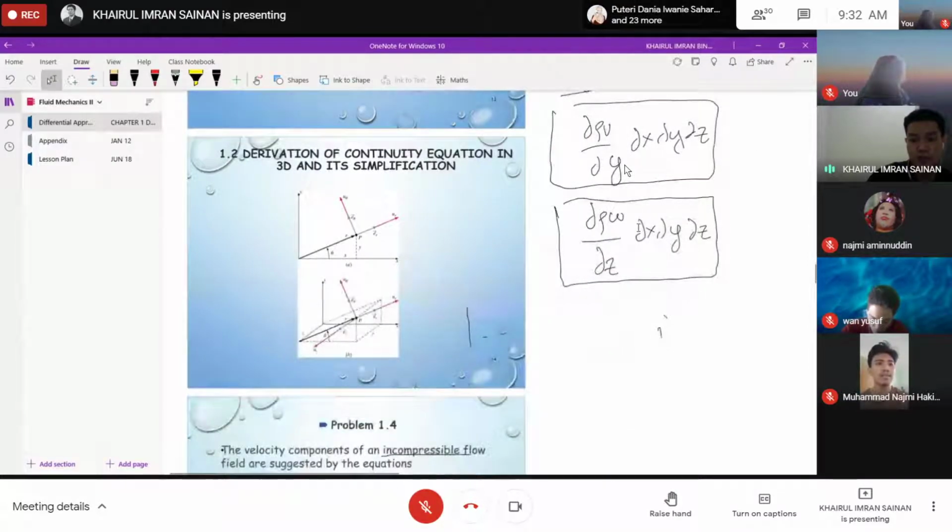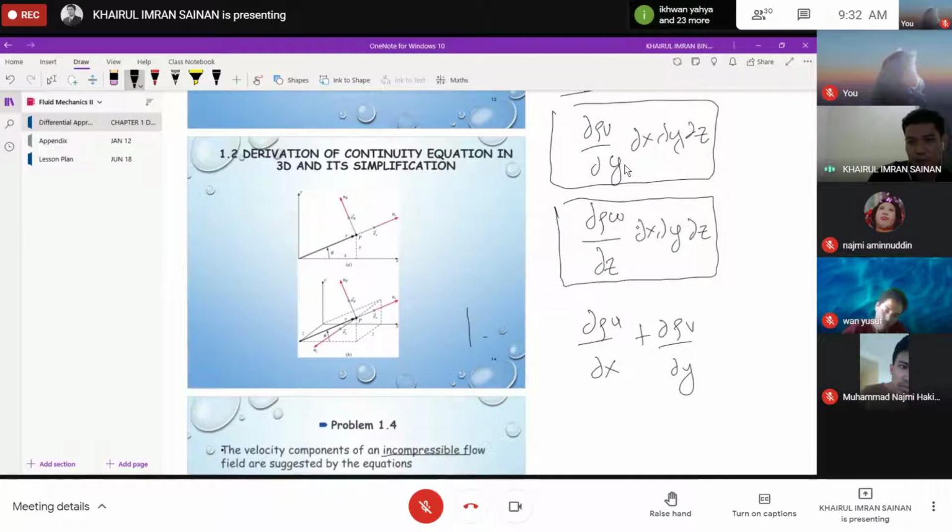So your equation becomes something like this: del rho u over del x plus del rho v over del y, and then del rho w over del z.